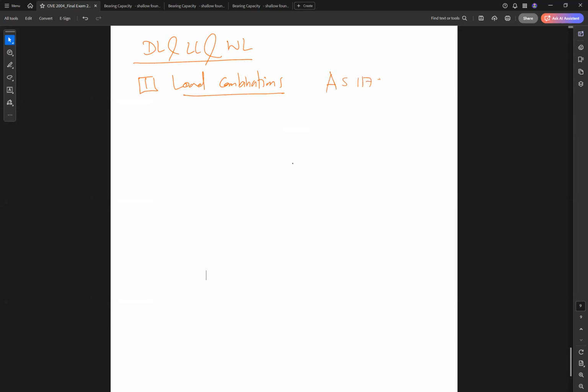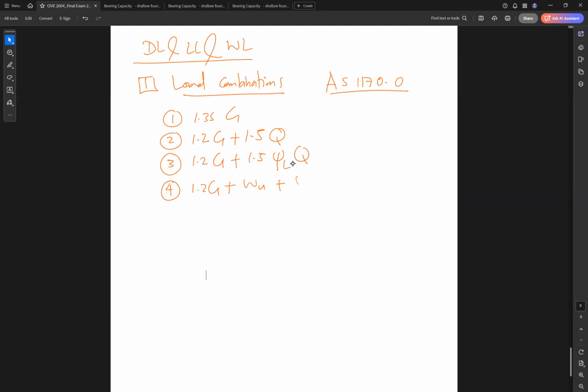According to 1170.0, we have 1.35 G, 1.2 G plus 1.5 Q, 1.2 G plus 1.5 epsilon L Q, number 4, 1.2 G plus WU plus epsilon C Q, and number 5, 0.9 G plus WU upward.